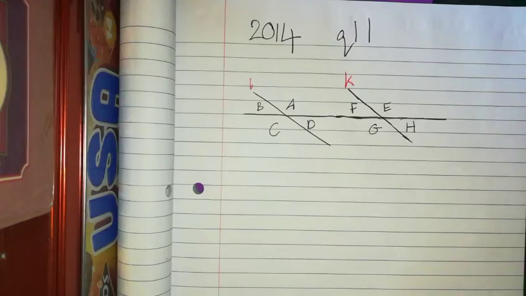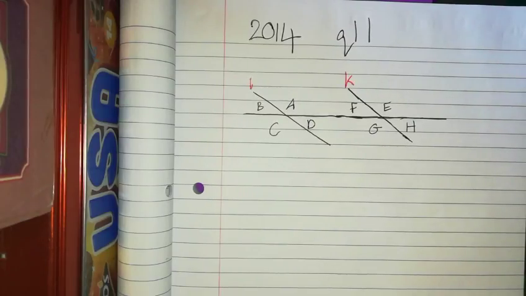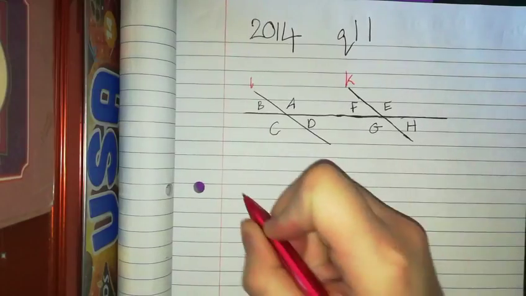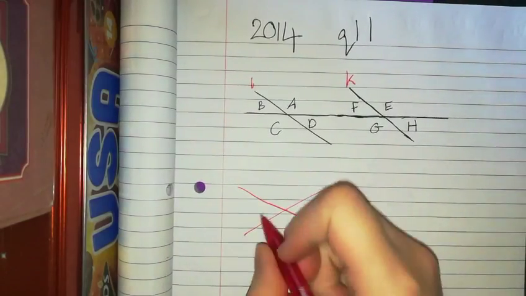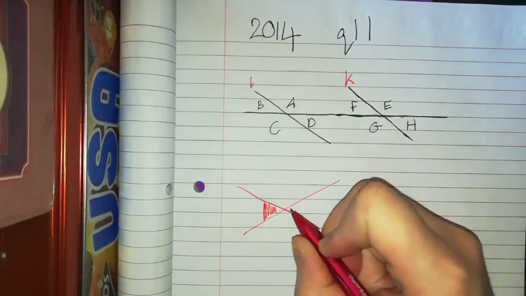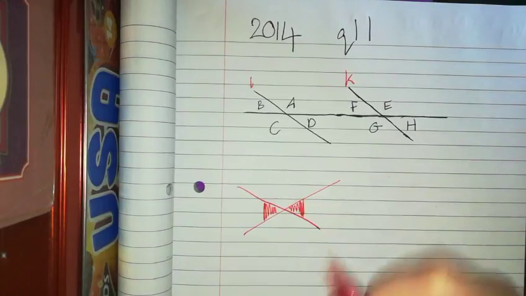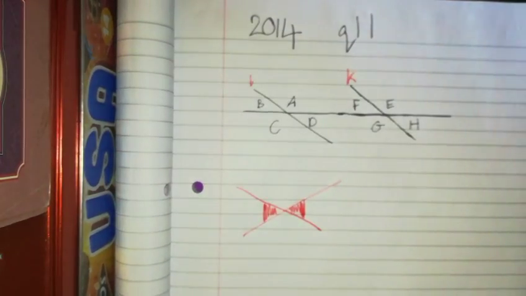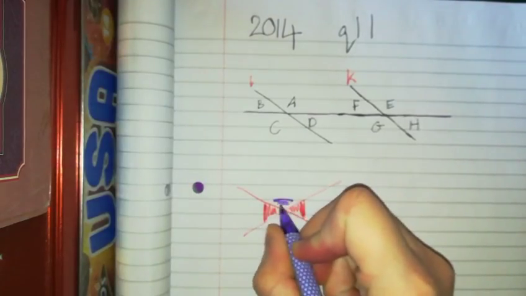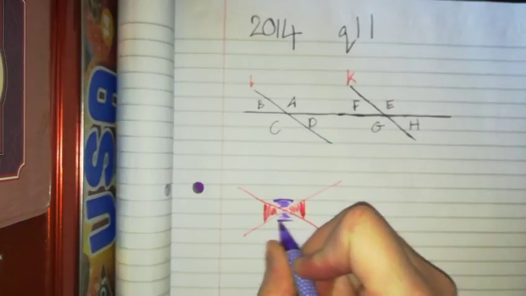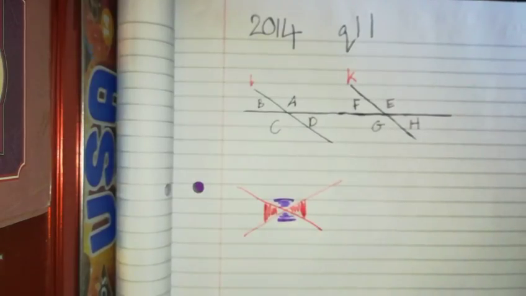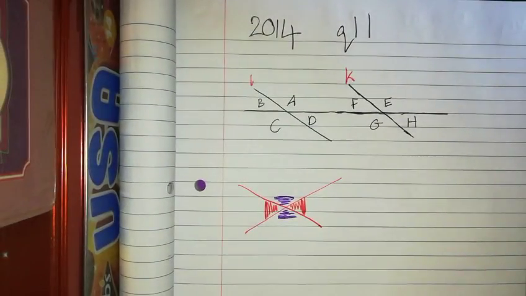So we have to write down a pair of angles that are vertically opposite. So vertically opposite angles are, say if we have two lines like this, well then this angle here and this angle here are vertically opposite. Vertically opposite angles are equal, and also this angle here is vertically opposite to this angle here, and vertically opposite angles are always going to be equal.